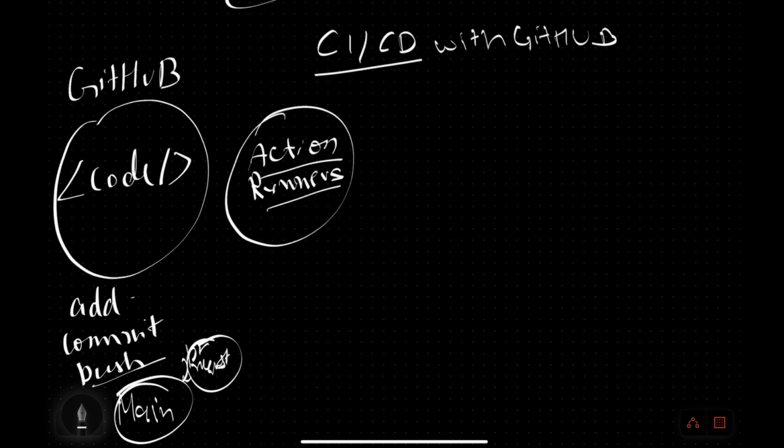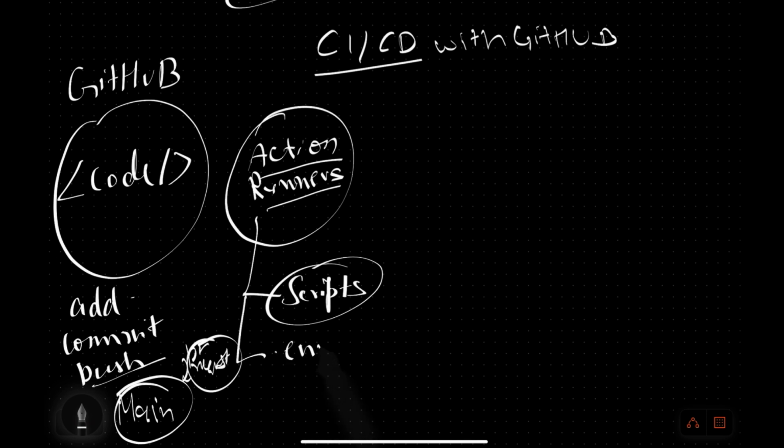If you create an action runner for an application, you first need to decide the technology on which your app is built. Let's suppose your backend is in Node.js, so you select Node.js in GitHub. Then it will give you a couple of scripts, which you can run on the server. So your server and GitHub are now connected. Both are connected together.